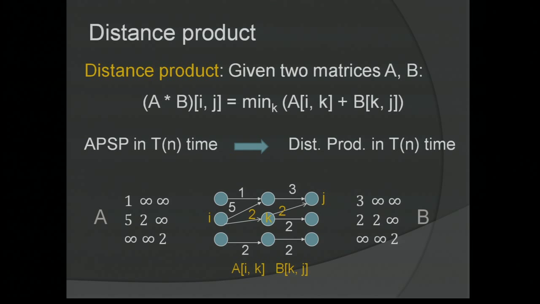Because for this graph, the distances are just the minimum weights of paths of length 2 from left to right, and then this is exactly the distance product.